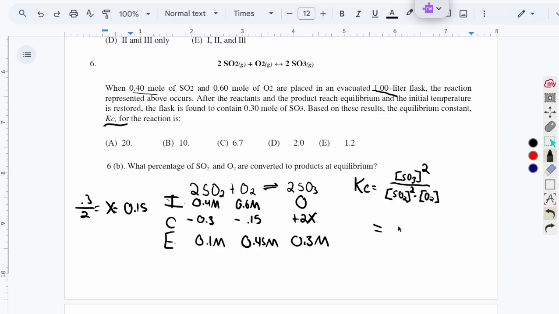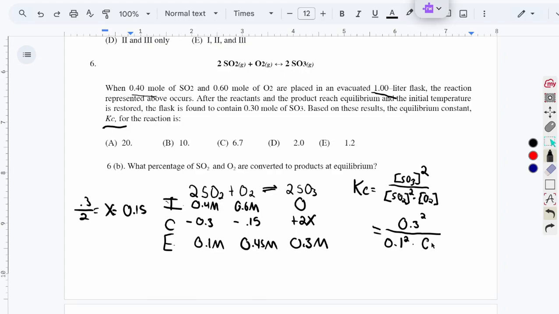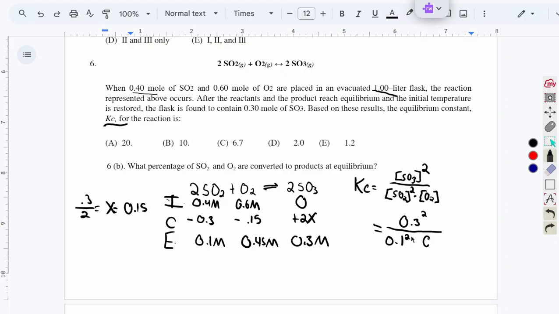So I'll rewrite that as 0.3 squared over 0.1 squared times 0.45. No, I don't square that last one. I just messed that up altogether. All right, when I put that into my calculator, I'm going to get 20. So my answer here is 20.